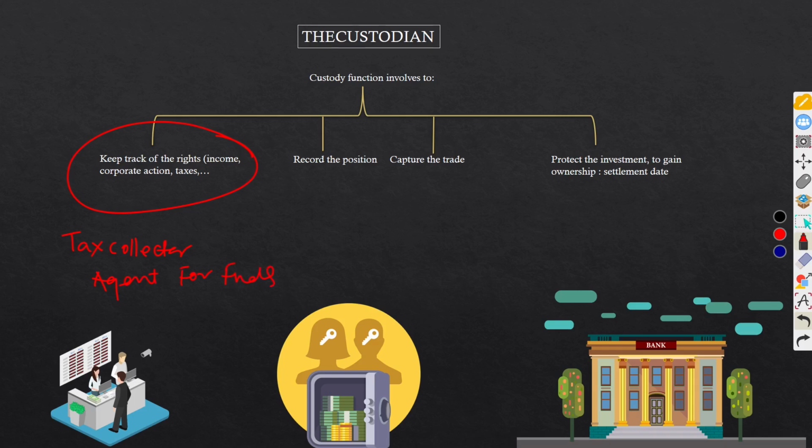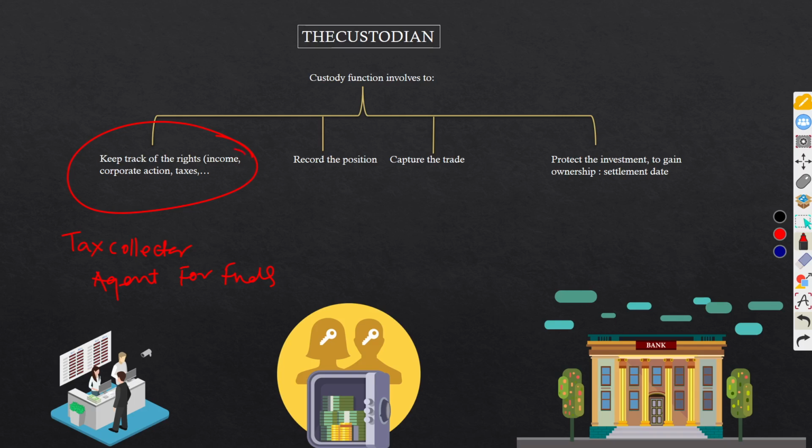On behalf of governments, they collect the taxes and transfer the tax amounts to the government. If I take the example of Citibank or BNY, they hire people to reconcile tax breaks, to perform reconciliations between investors and government treaty accounts or designated dividend accounts, and to reconcile tax benefits or tax payments and process them to the correct accounts. Basically, a custodian works as a tax collector agent of the government, and they collect taxes on investments.